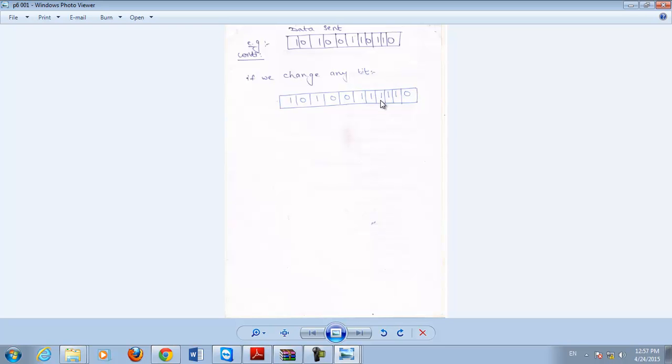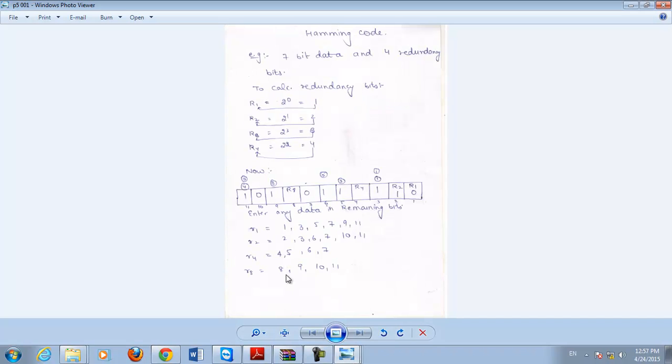can you find out at which place the error has occurred? You can find out simply by the position of the bits. That is the fourth place. The fourth place comes in R4, and if there are any changes or errors at the fourth place, it means the 4, 5, 6, 7 places can be affected.